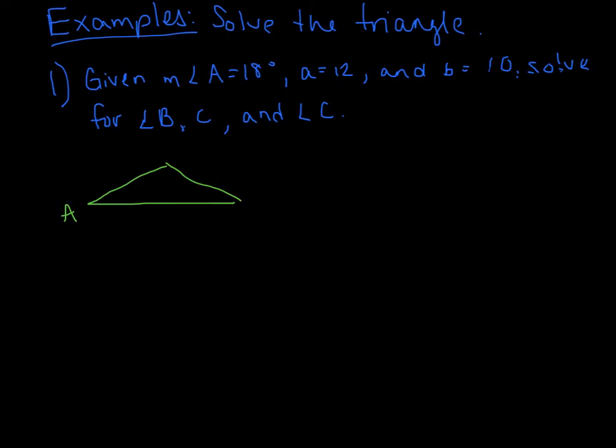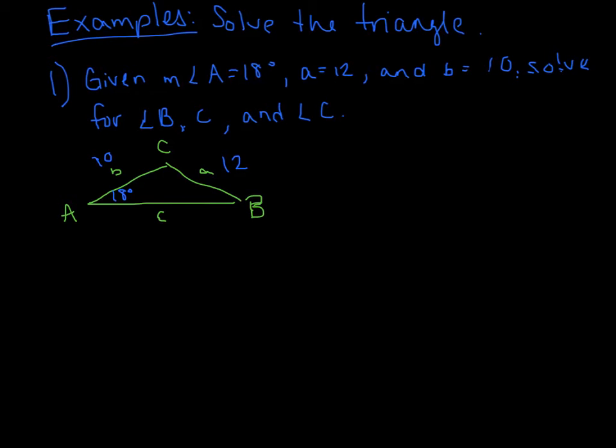So A, opposite A. It doesn't matter which one I label B and C, because I don't know how large they're going to be to begin with. So I know angle A is 18 degrees. Side A is 12. And side B is 10. So I want to find out my side C, my angle C, and my angle B.